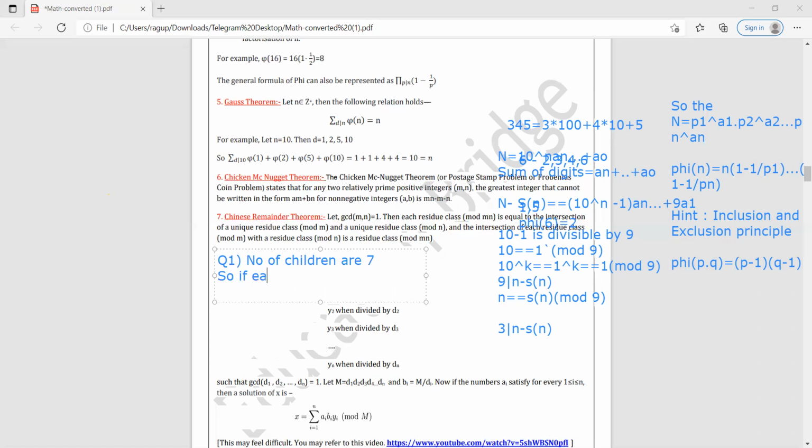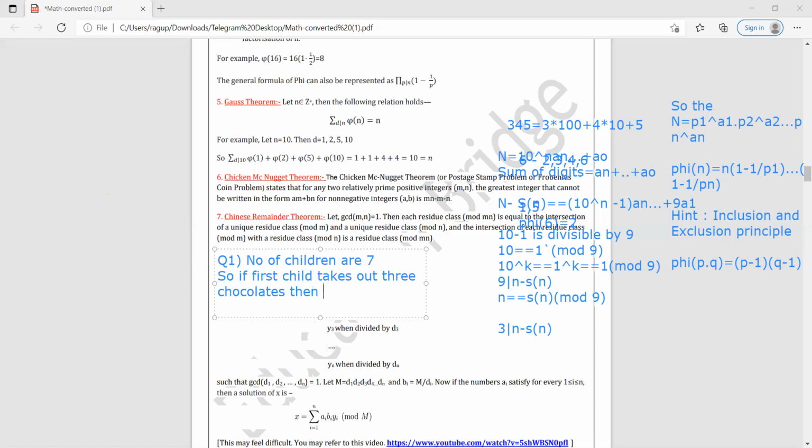Each time, the first child takes out 3 chocolates. We need to find the number of chocolates, which is unknown.